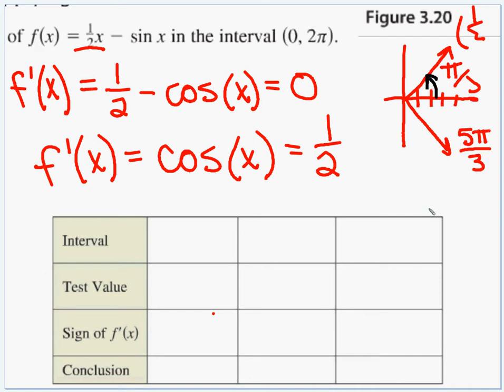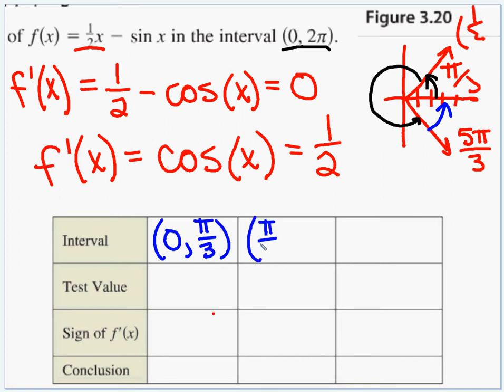5 pi over 3, because we're finding the intervals on the unit circle. Our first angle is here to pi over 3, and then our next interval will be from pi over 3 to 5 pi over 3. Yeah, and it does say interval 0 to 2 pi, so we'll have another interval. Let me switch to blue ink. There's another interval, so we got 3 intervals. Our first one, 0 to 1/3 pi.